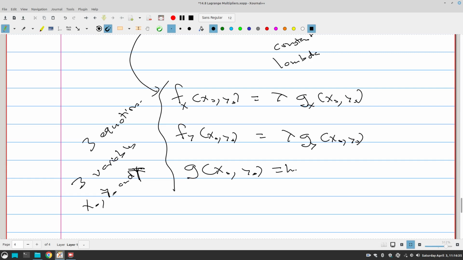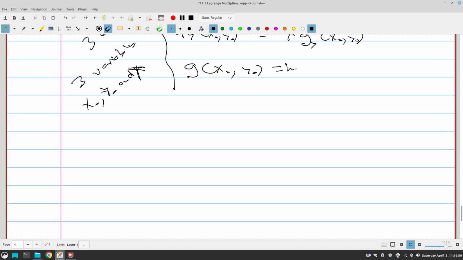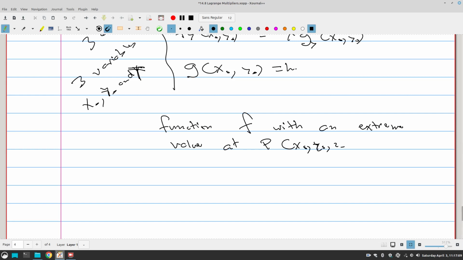So let's say we have a function f with an extreme value at P, x naught, y naught, z naught.